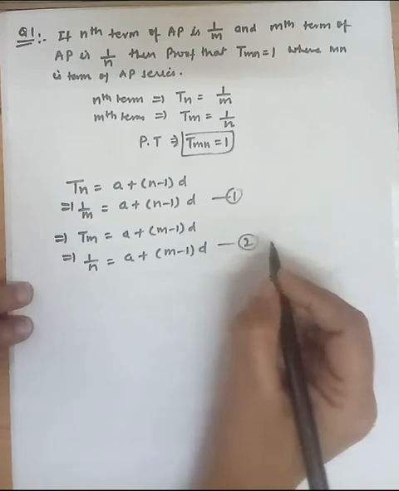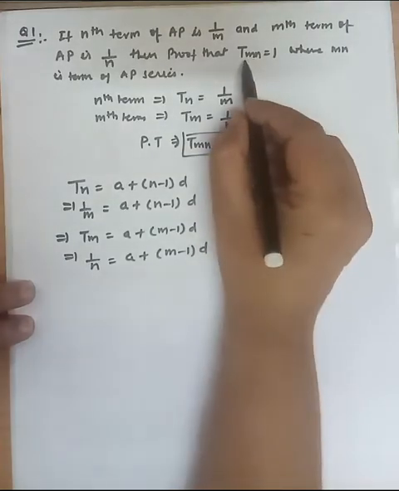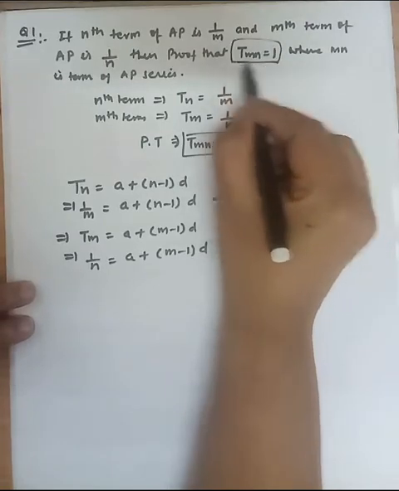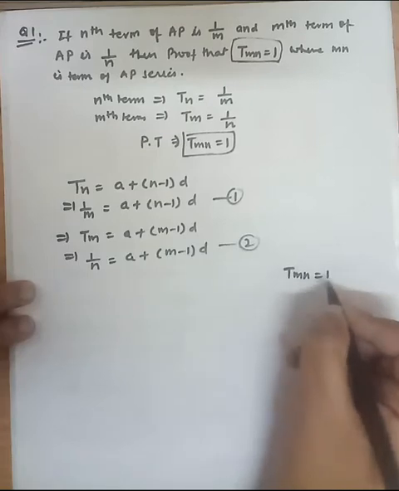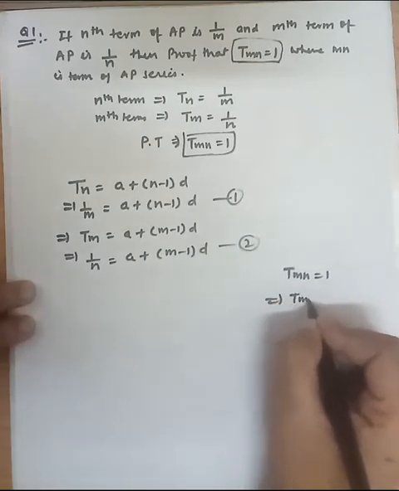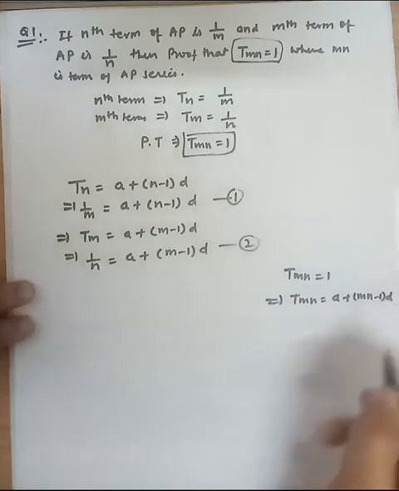Okay, now solve the first and second equations, because we have to prove that Tmn equal to 1. If we write the formula for Tmn, it means a plus mn minus 1 d.